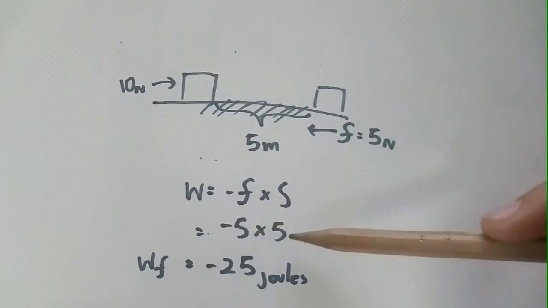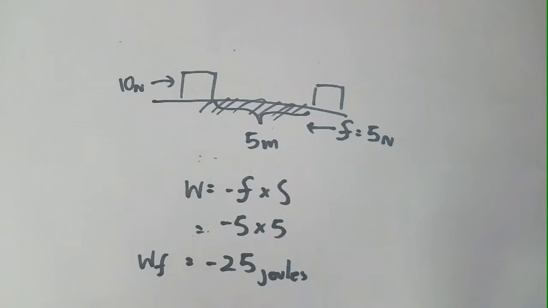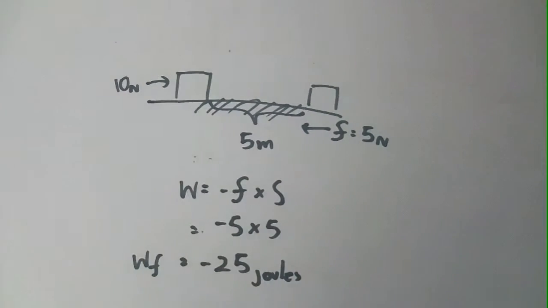Negative 5 times distance 5 equals negative 25 joules is work done by friction force.